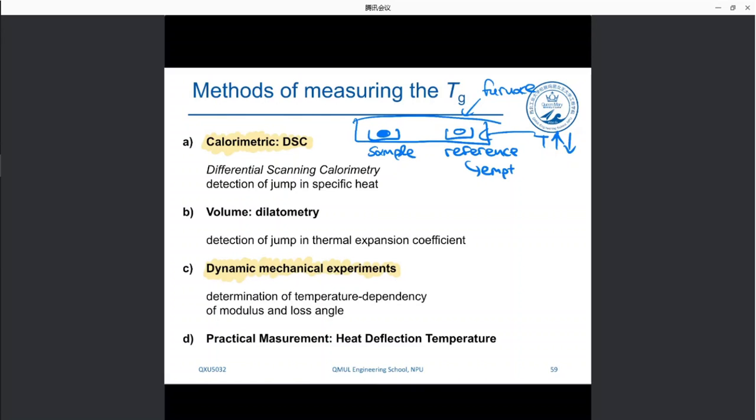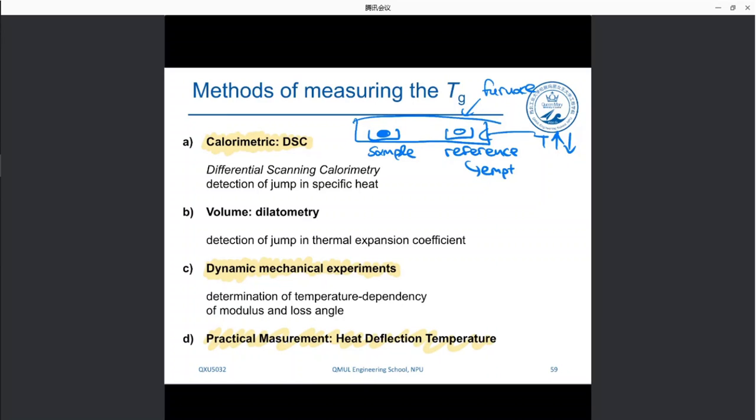In this case, we determine the dependency of the modulus, the mechanical properties, and the loss angle as a function of temperature, and it can also provide us with significant information regarding the transition temperatures, but only for melting and glass transition, not for crystallization. Okay. And we also have a practical measurement, which is the heat deflection temperature, which we will see in a bit.